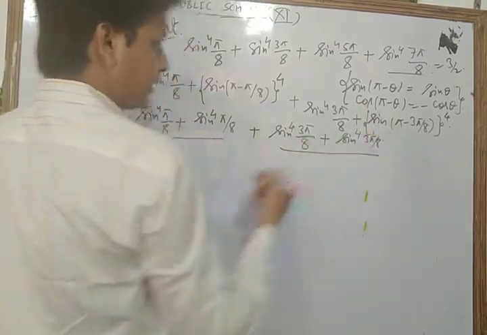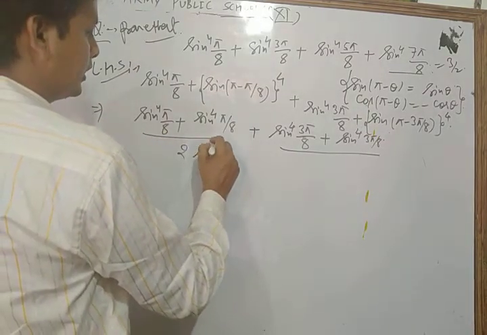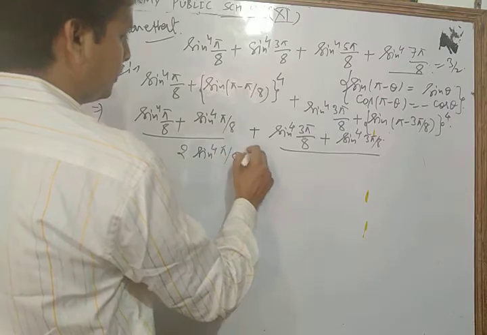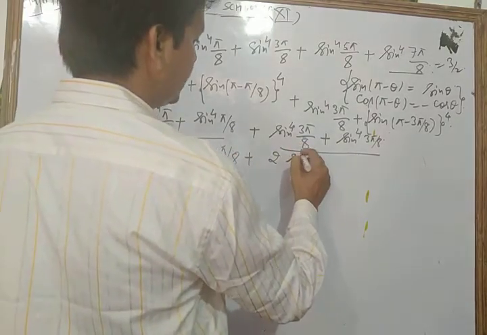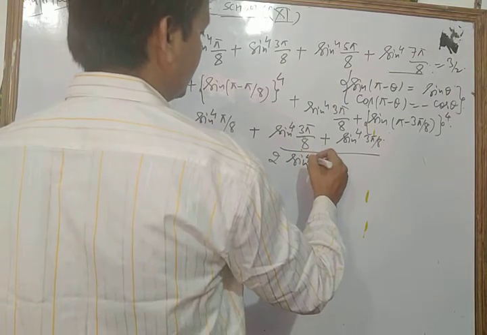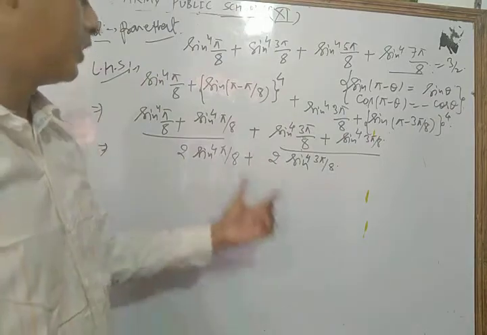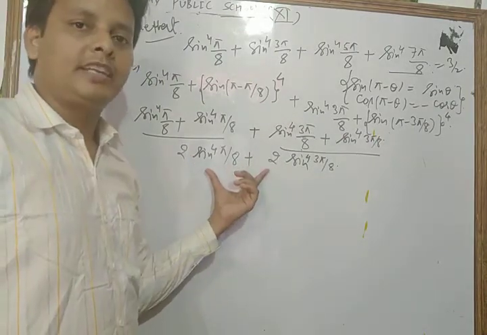Now these add to each other because they are the same trigonometric function, so that is 2 times sine to the power 4 pi by 8 plus 2 times sine to the power 4 3 pi by 8. Okay, now we take 2 as common.